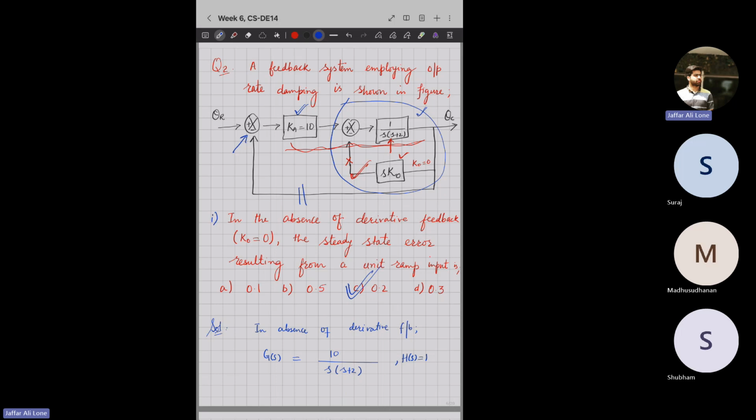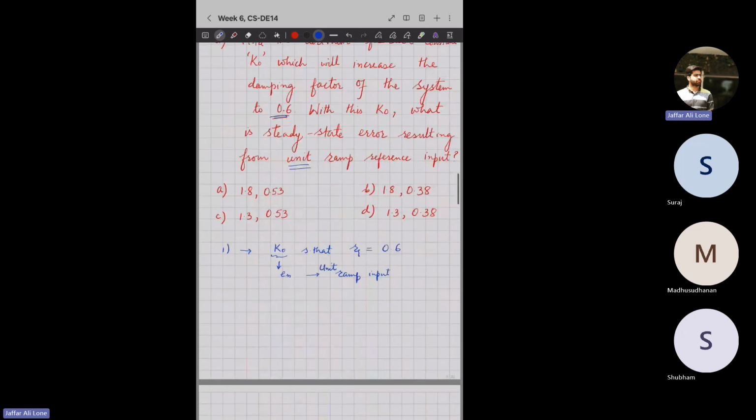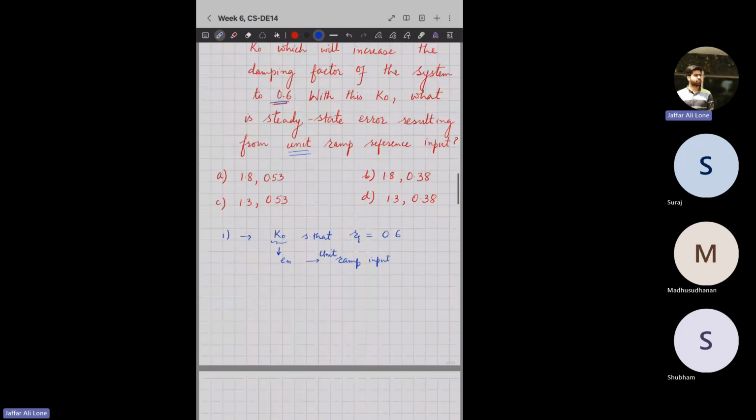That will be our resultant closed loop transfer function. Why will we get a closed loop transfer function here? Because zeta is given. So I know for a second order system, I have the standard form: s square plus 2 zeta omega n s plus omega n square is the characteristic equation, and the transfer function numerator will be omega n square.